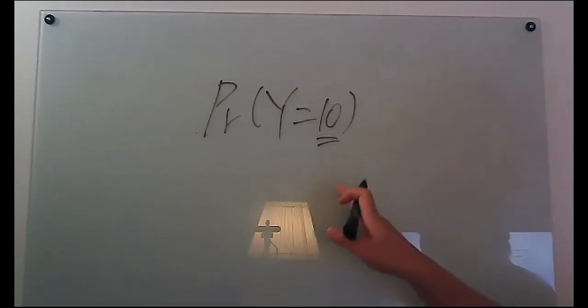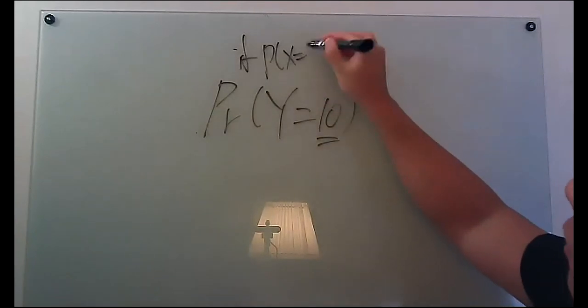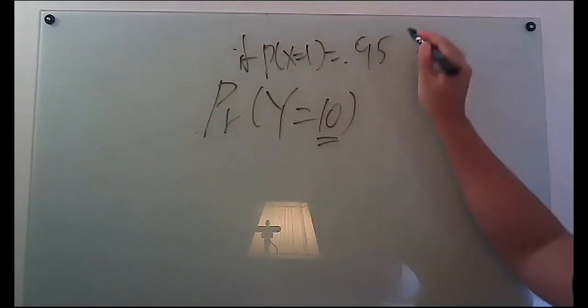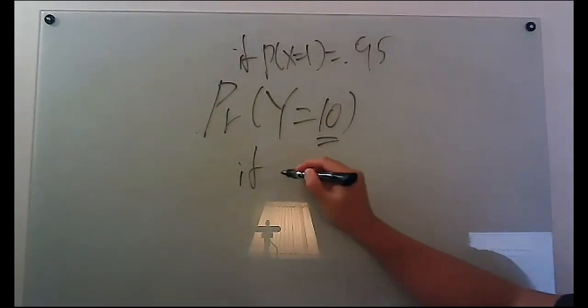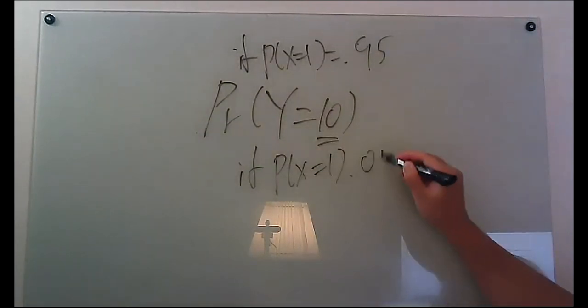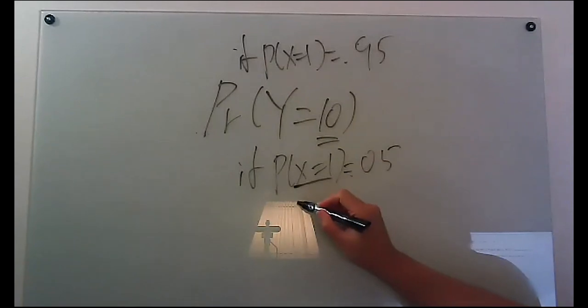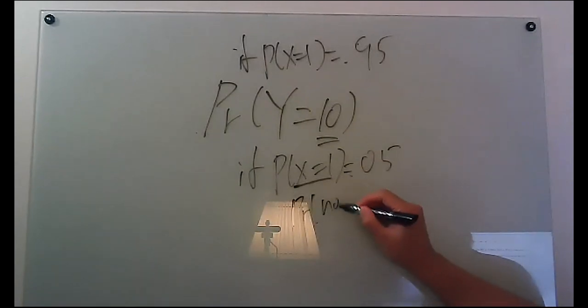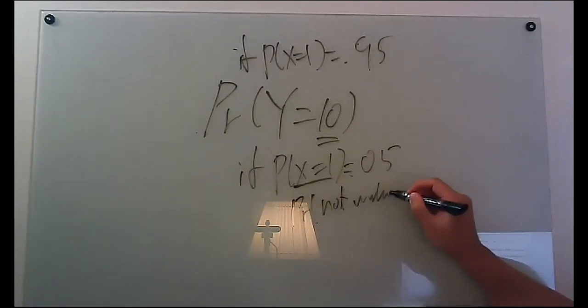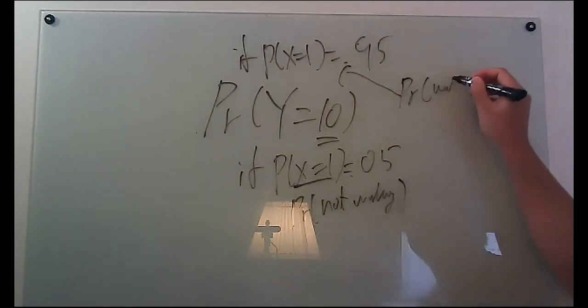That was if the probability of X equals 1 is 0.95. I told you earlier, the answer would be the same if the probability of X equals 1 is 0.05, where this X is the probability of not working well. This is the probability of working.